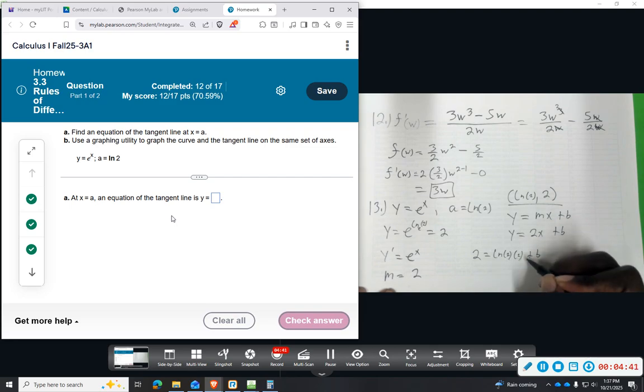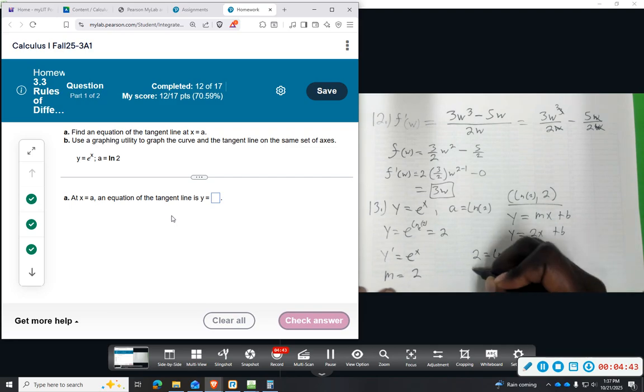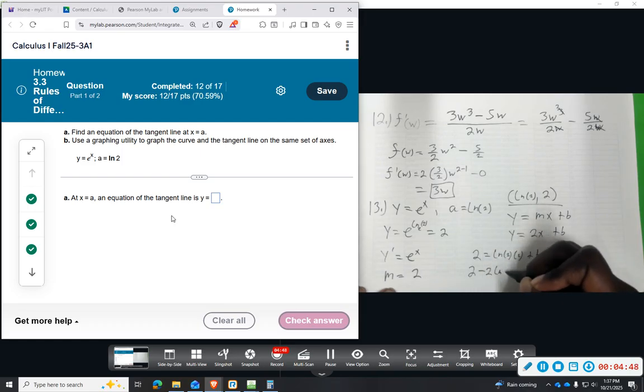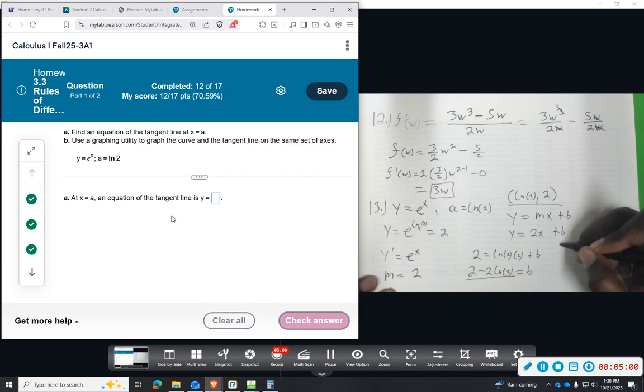We'll subtract the 2 ln of 2, so we get 2 minus 2 ln of 2 equals our b value. So this whole thing right here would equal b. And so we get our equation, y equals 2x plus 2 minus 2 ln of 2.